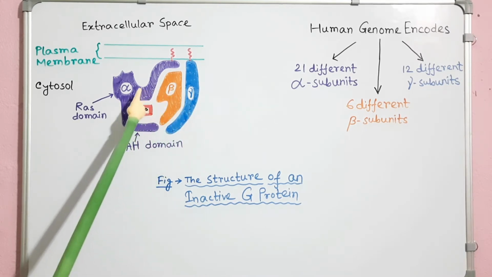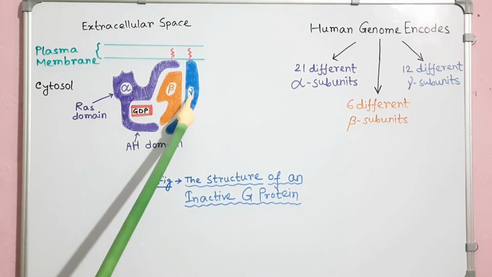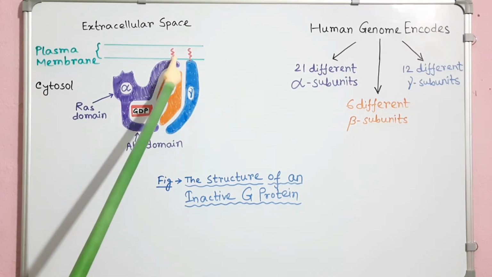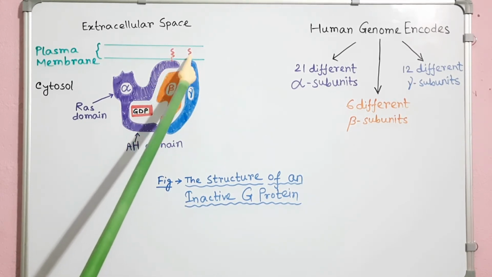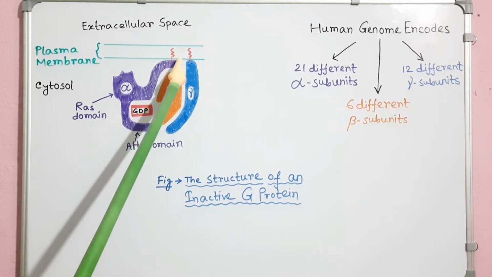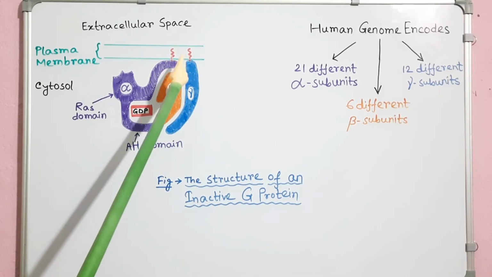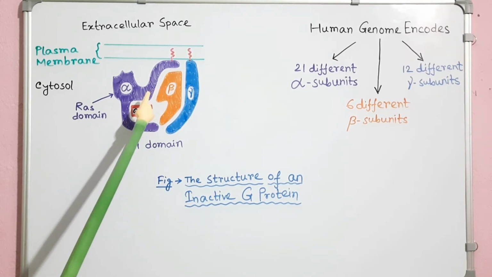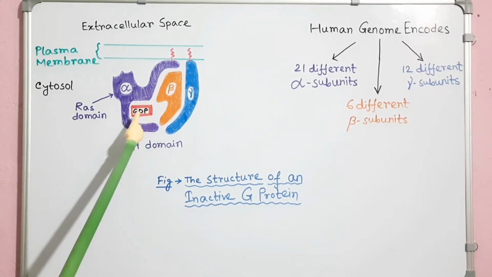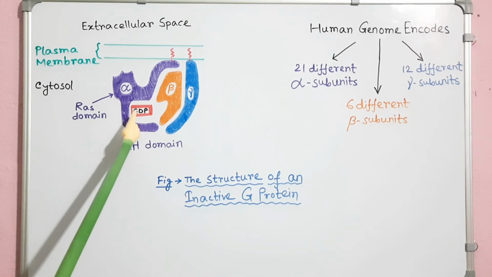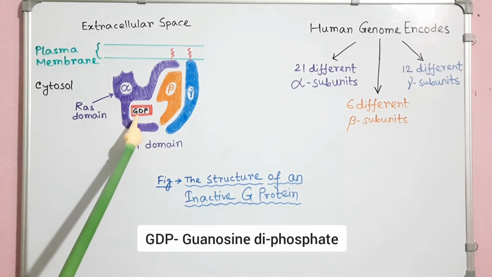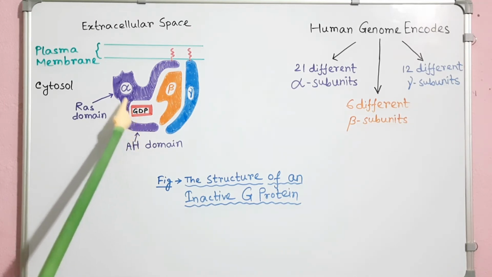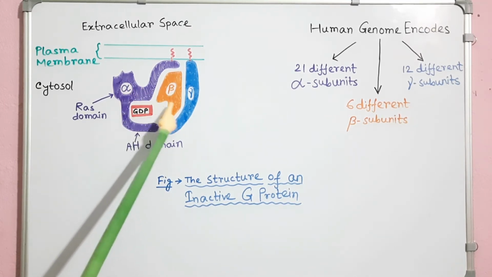Both the alpha and gamma subunits have covalently attached lipid molecules that help bind them to the plasma membrane. In the resting state, when no ligand is bound to the receptor, the alpha subunit has a bound guanosine diphosphate or GDP and is complexed with beta gamma.